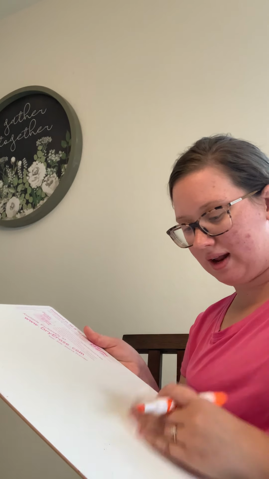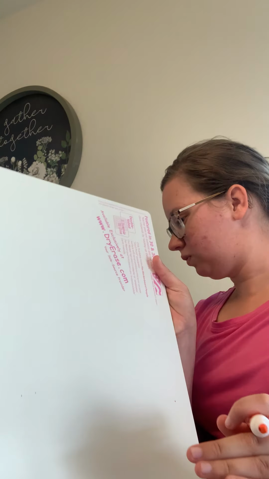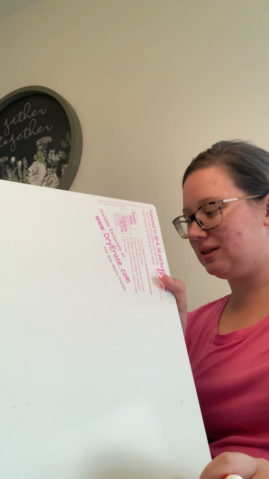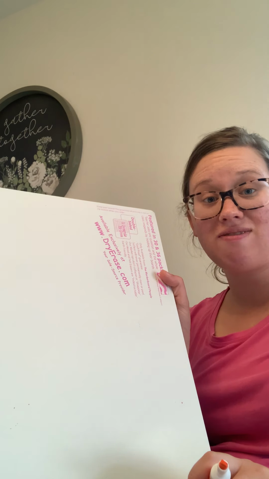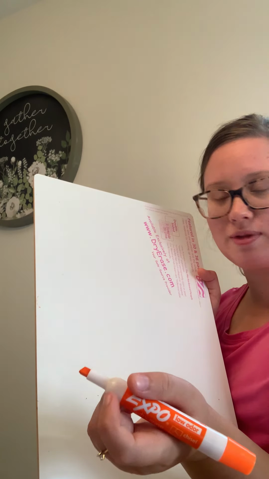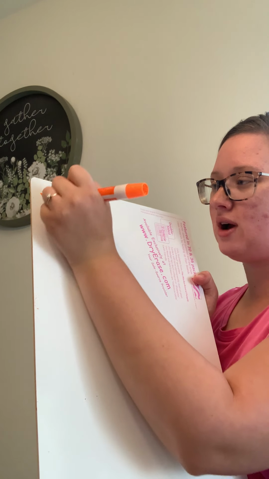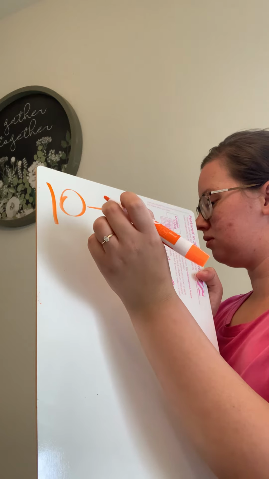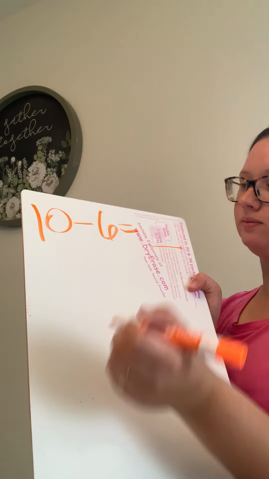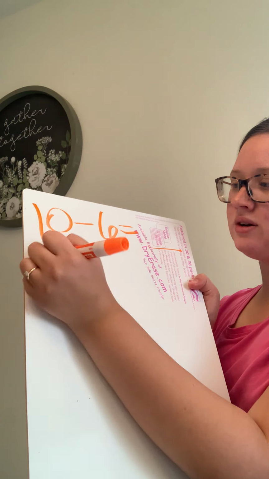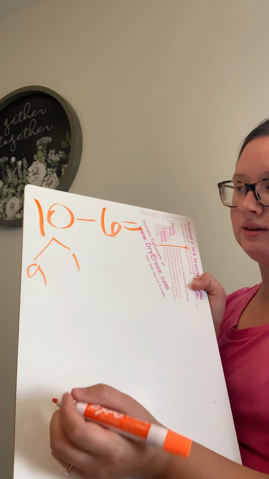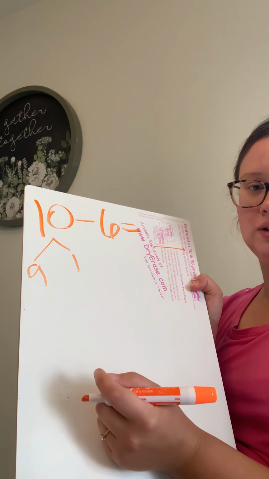I'm going to help you on the next one as well. Number 3 says, show how 10 minus 6 helps you solve 50 minus 6. So same thing. I'm going to solve both of them using the same strategy. 10 minus 6 equals blank. So I know that 9 and 1 equals 10.